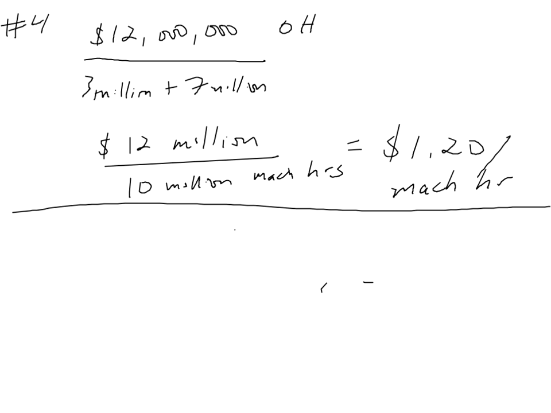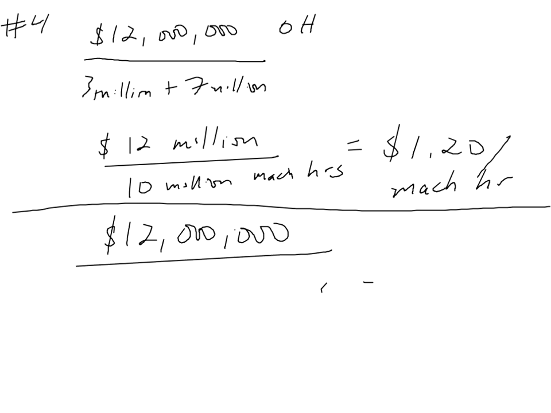Now it says for Part B, compute the predetermined rate, assuming that Marine Components uses direct labor cost to apply overhead. So now instead of machine hour, we're going to allocate this 12 million based on direct labor cost, and the problem tells us that direct labor cost for client 1 is 3 million, and it's going to be 3 million for client number 3.